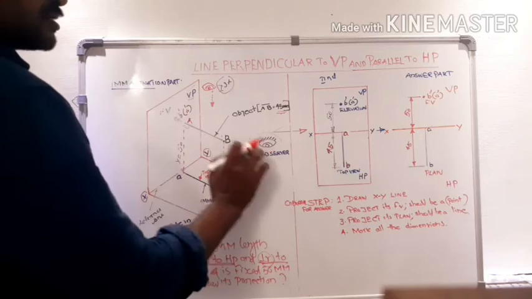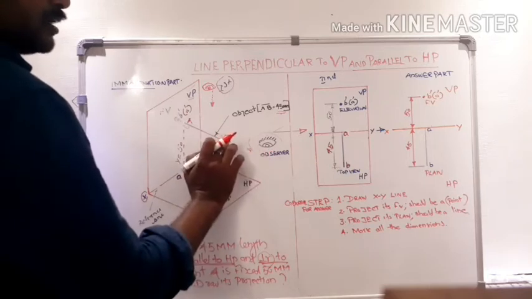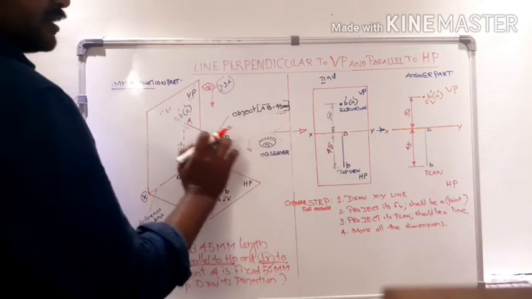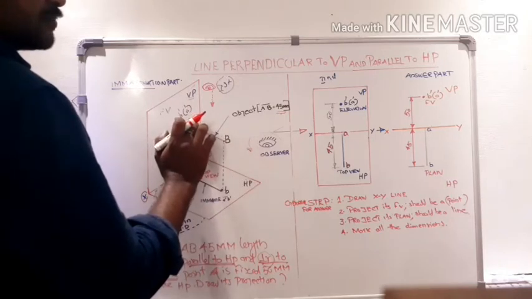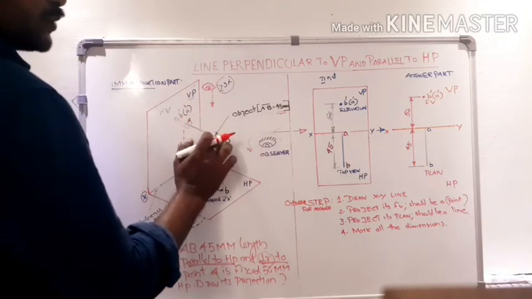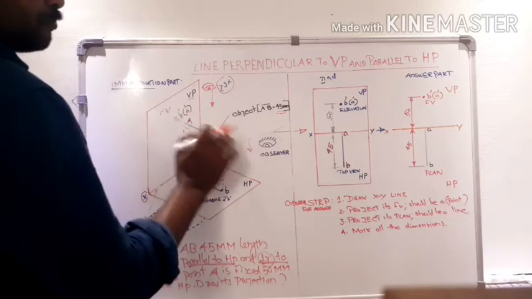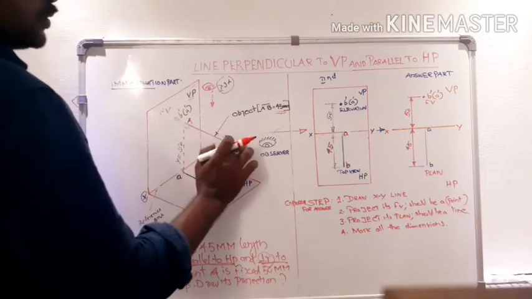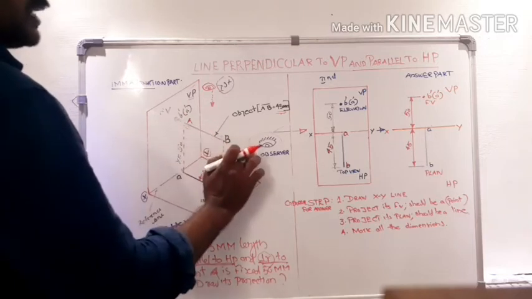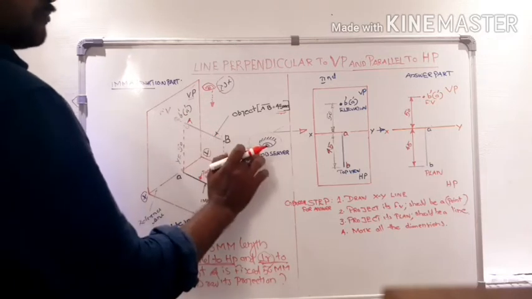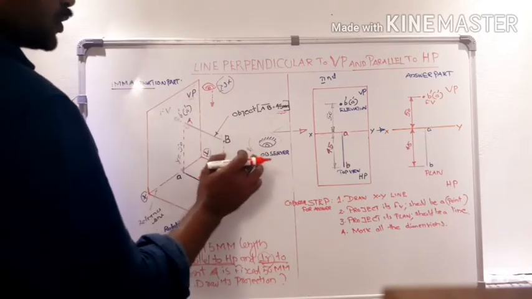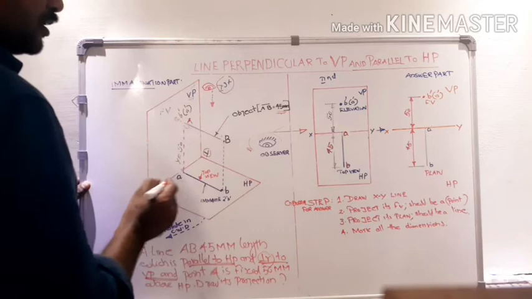First he sees the point B, and point A is fixed in the backward direction of point B. So point A is not seen directly from this direction. So first you have to draw its front view.